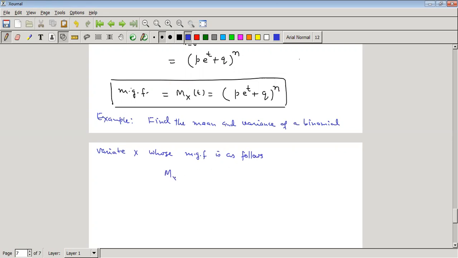Mx(t) is equal to, it is given, (4 by 5 plus 1 by 5 e to the power t) whole power 6.